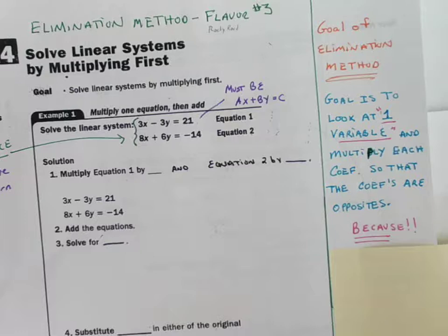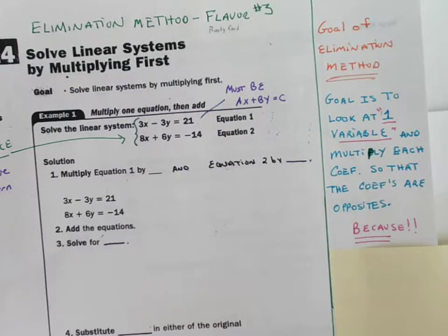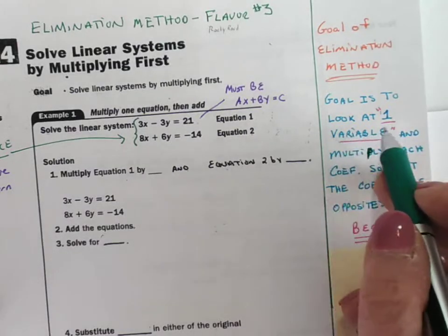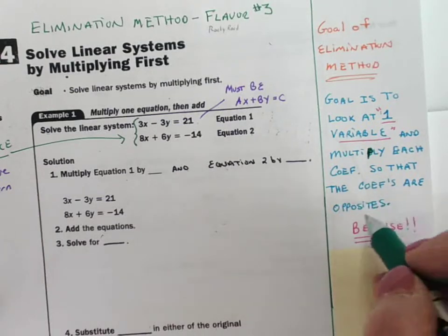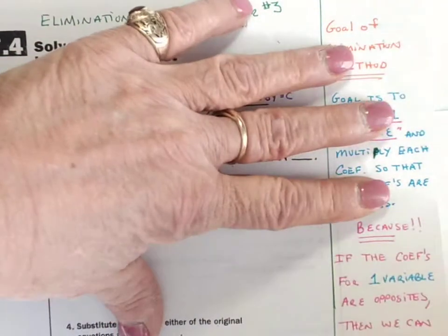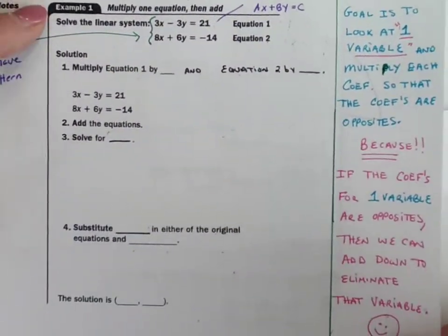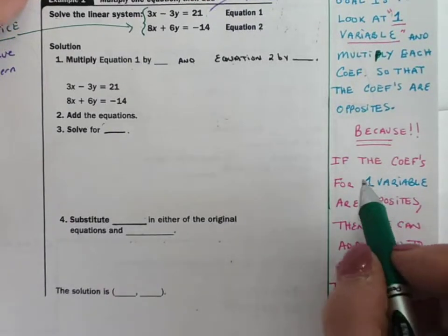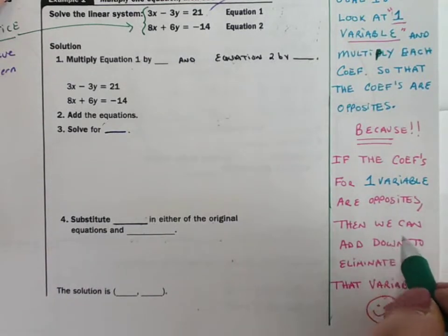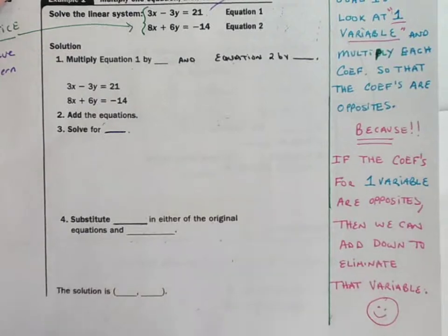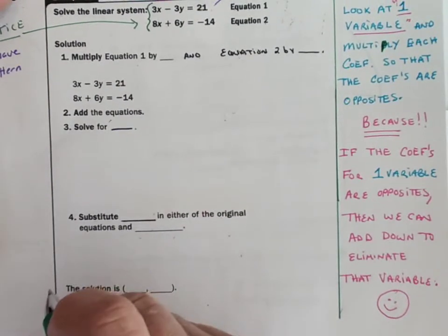If we had opposite coefficients, such as 5x and -5x, and we add those, they would become 0, and we would have eliminated x. Because if the coefficients for one variable are opposites, then we can add down to eliminate that variable, and we're happy because we can use the elimination method.